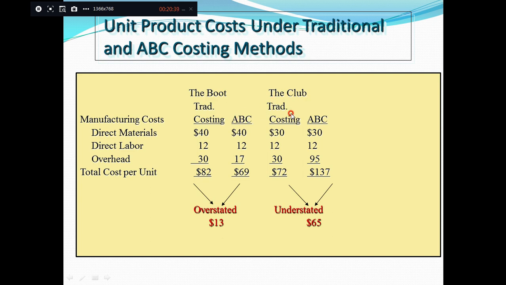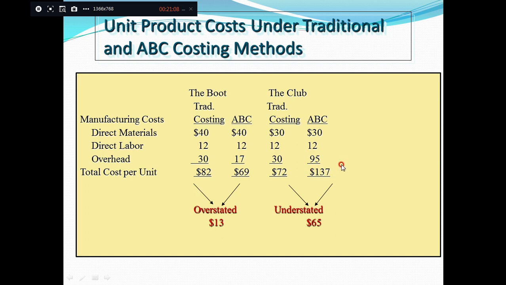So in the club, the direct material is $30 for both traditional and ABC. Direct labor is the same for both, but there is a difference in overhead cost allocation. Overhead cost using traditional is 30, but when I'm using activity-based costing, overhead cost allocated to the club using ABC is $95. So regarding this, when you are doing traditional costing, the club total unit cost is equal to $72.